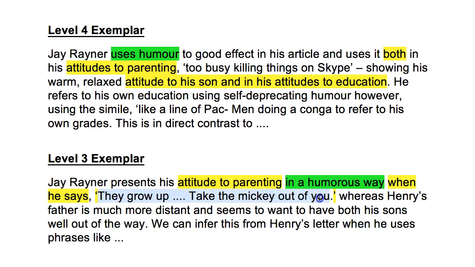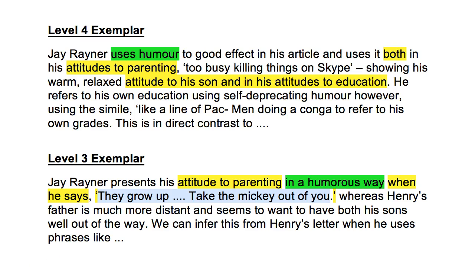So for example here, his attitude to parenting might be that it's a humorous one, but also you could talk about the lack of respect demanded from the child. In fact, this lack of respect is seen as a sign of affection. I'm just using exactly the same quotation, but finding a second thing to say about it, and therefore appearing judicious to the examiner.